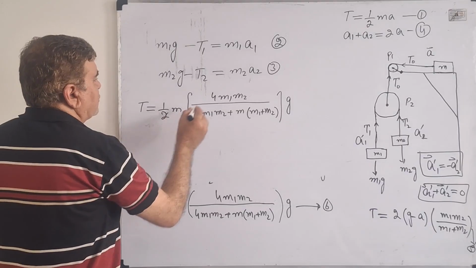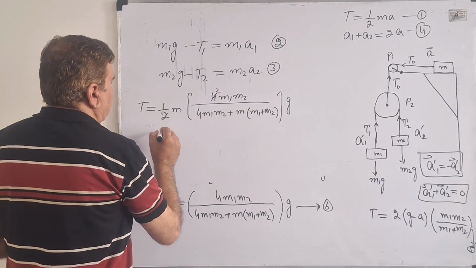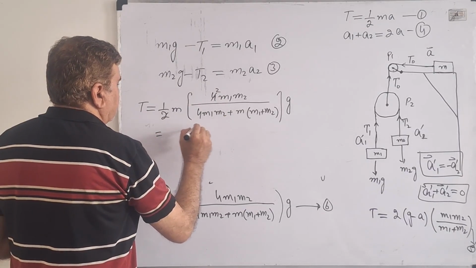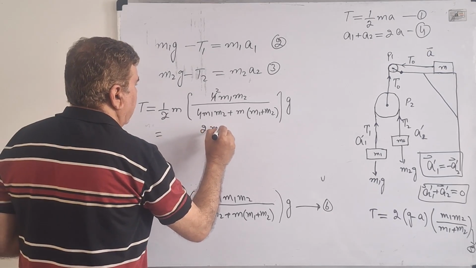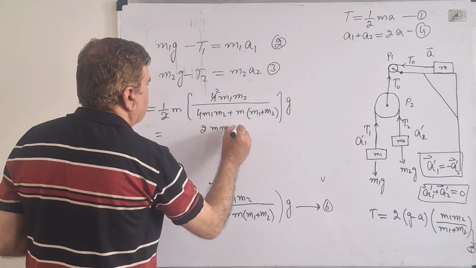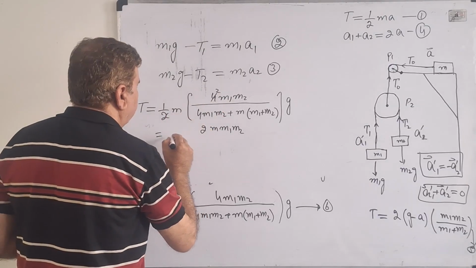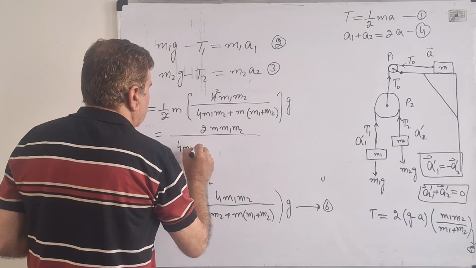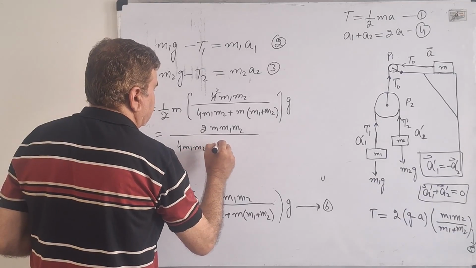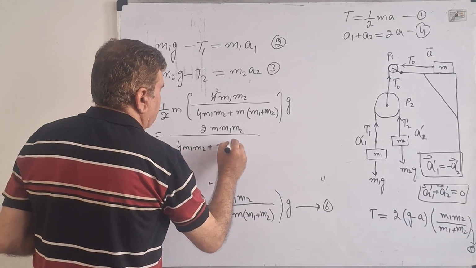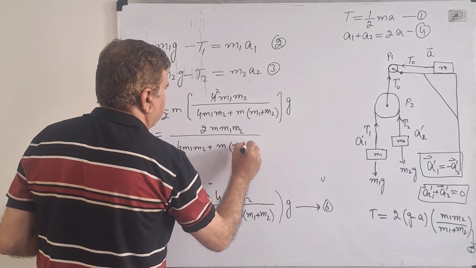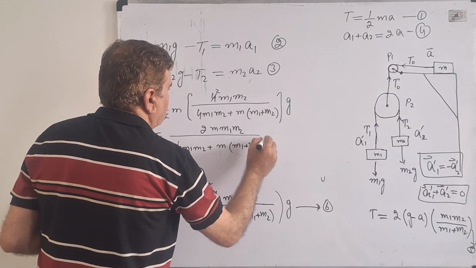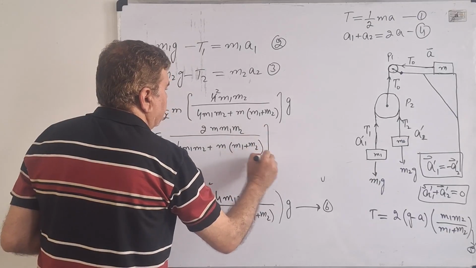I can cancel this 2 to give me 2, and then I can write 2 m m1 m2. I multiplied this m1 with that, and I get 4 m1 m2 plus m times m1 plus m2, the whole multiplied with g.